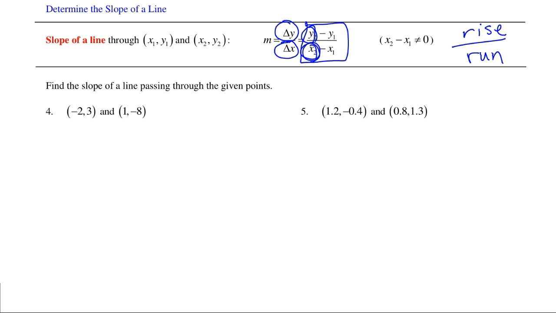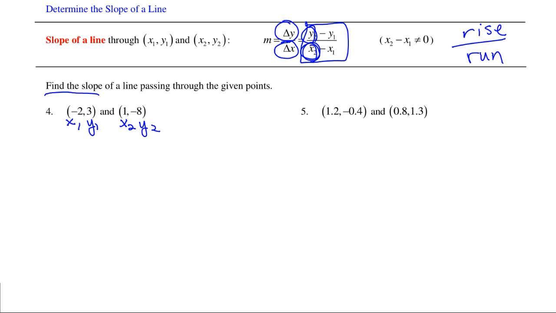We want to find the slope of a line passing through the given points. So number 4, we're given the point -2, 3 and the point 1, -8. I'm going to label these as x1 and y1 and then x2, y2, just to help me remember which one I'm using for which.